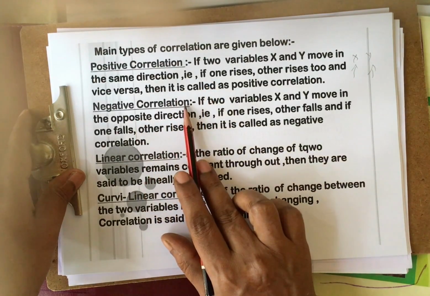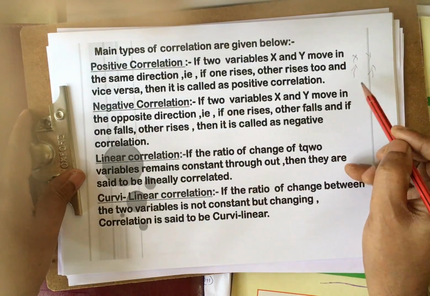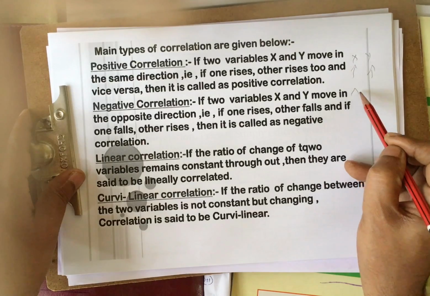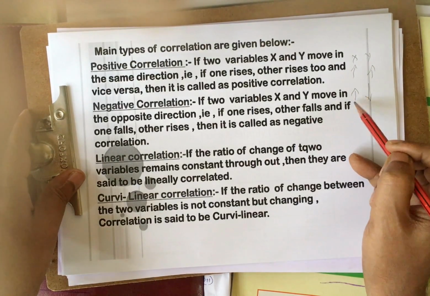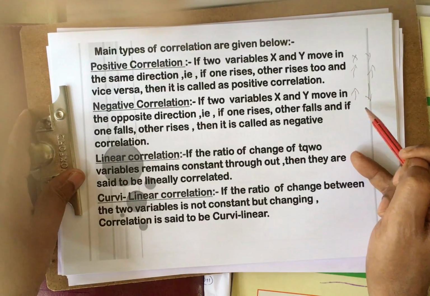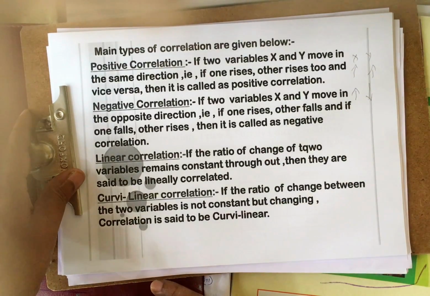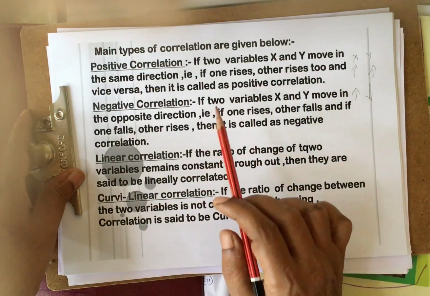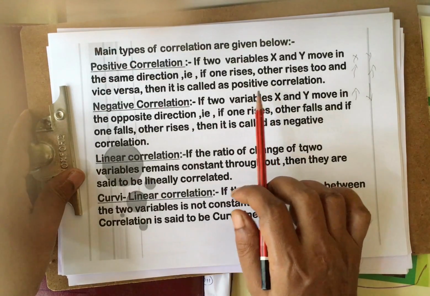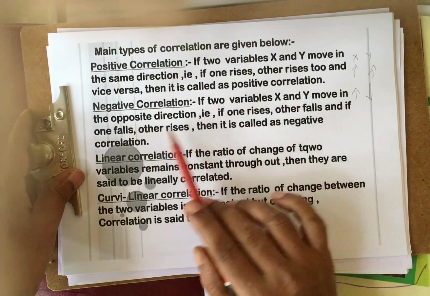Whereas a negative relation is the opposite. For example, x is rising, meaning increases, the y is decreasing, or x is falling, y is rising. So that is a negative relation. So here also, x and y, two variables, what relation is there between the x and y, either negative or positive, that can be studied.